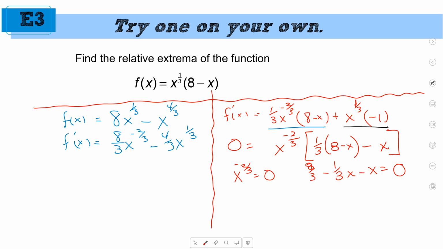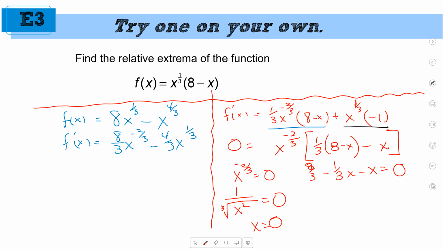If this is bothering you, notice that x to the negative 2/3 is the same thing as 1 over the cube root of x squared. Does anything make that equal to 0? You can tell by the question that the answer is no. Does anything make that undefined? Yes. Which is? 0. Beautiful. Our first critical number should be 0.